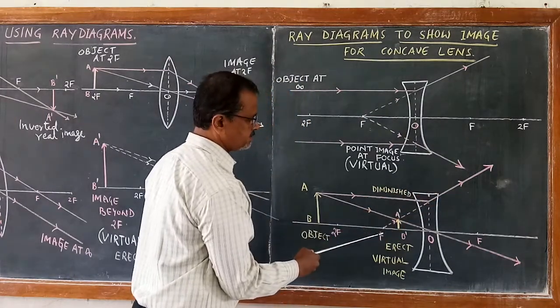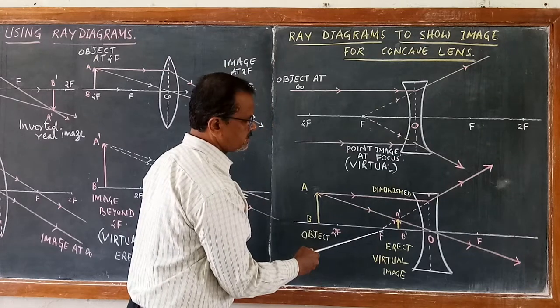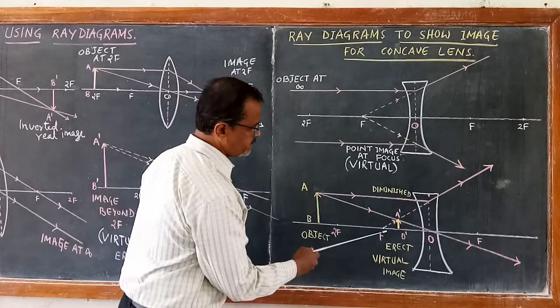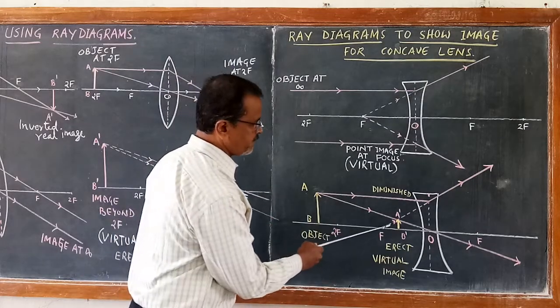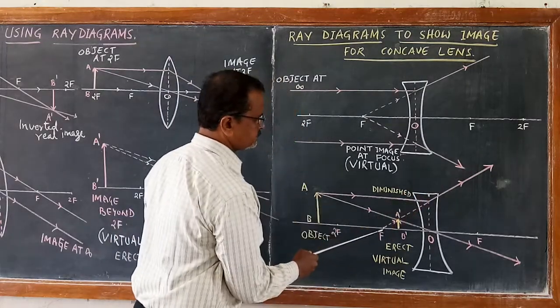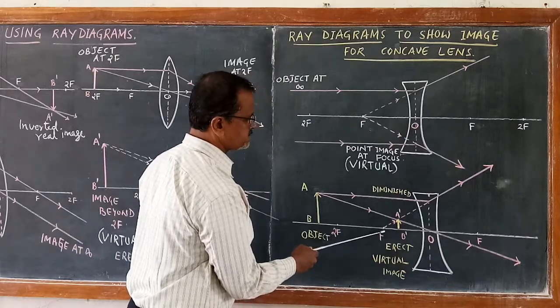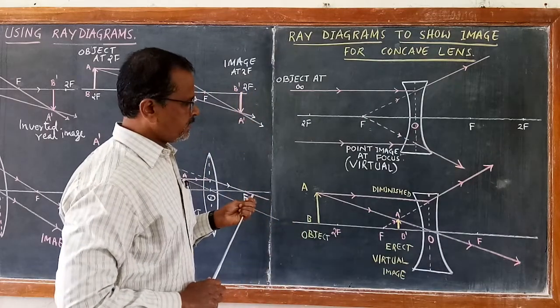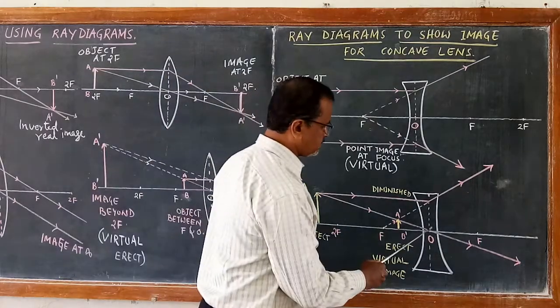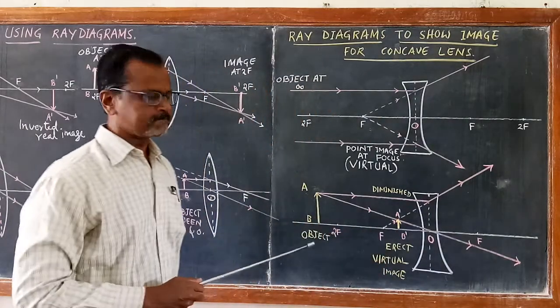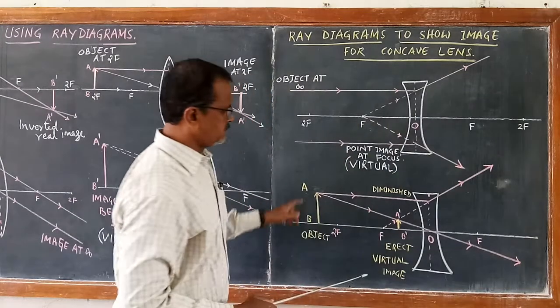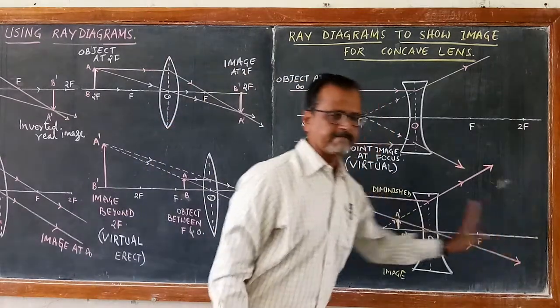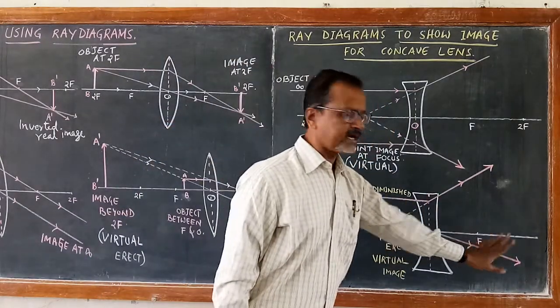Produce it back, and it coincides at the focus, meaning it appears to have emerged from the focus. Now draw another ray of light directly passing through the optic center. You see it goes undeviated. It does not undergo refraction at all.